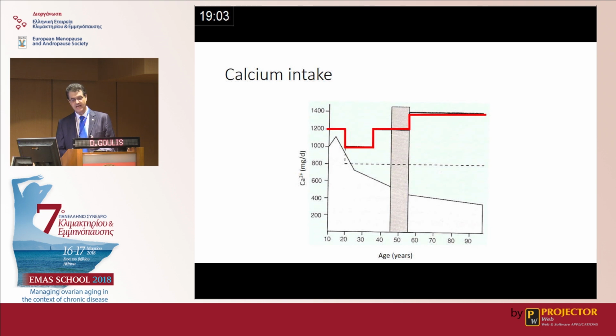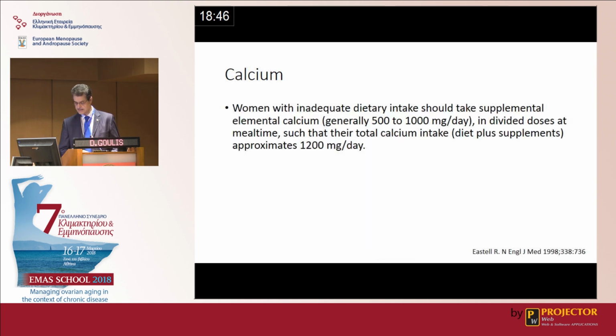As you can see from the slide, we are far behind this. It's only during adolescence that we may reach the required amount, and you can see the dramatic decrease in calcium intake through the lifespan. So there is a clear need for appropriate calcium intake.